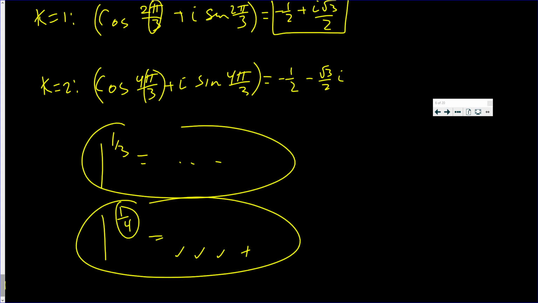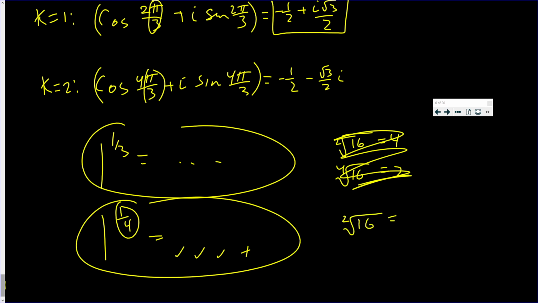For example, the 2nd root of 16 is 4. The 4th root of 16 is 2. The 1/2 root of 16 is 4. The 1/4 root is 2.